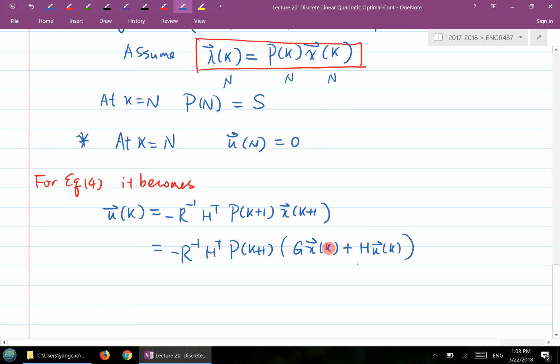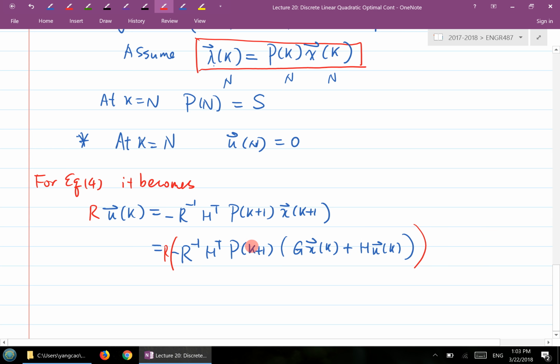So I'm going to manipulate now, because I got u here and I got u here, and I'm going to move everything into one place and take out the common terms. How do you do that? You multiply R for both sides of this equation. Then R times R inverse becomes a unity matrix, and you're only left with this one.